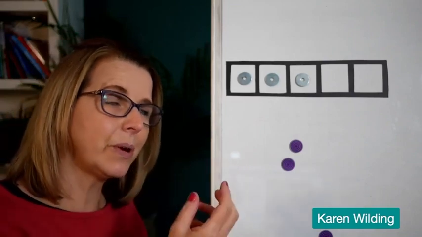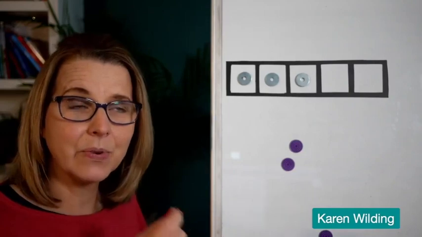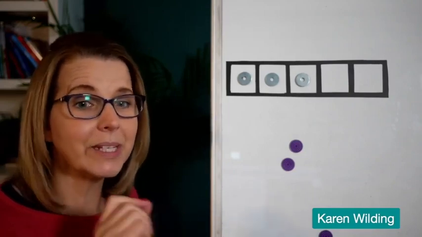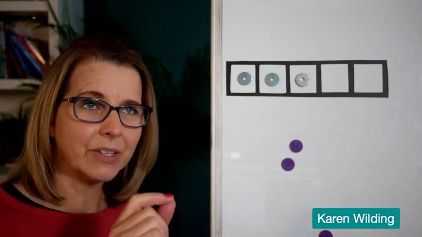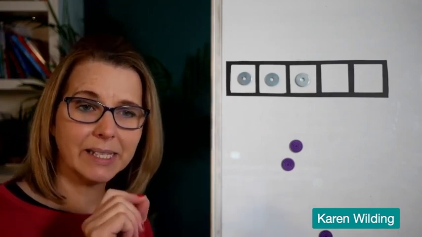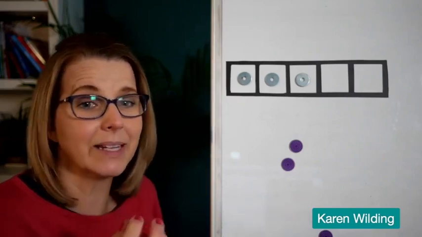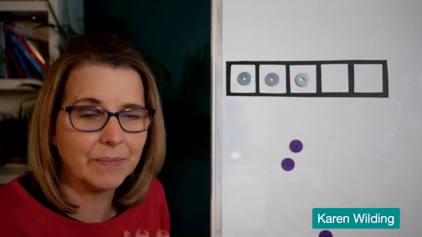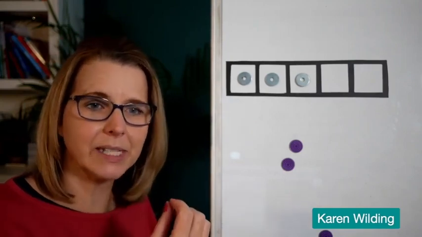You could use stones, you could use conkers and seeds. My rule is, and you might want to jot this down even if you watch this again, when things are natural, to keep the cognitive load low, they need to be similar size, similar colour, similar shape, because Mother Nature doesn't make things that are that identical. So low cognitive load anyway, because it's nature, but keep things very, very similar.